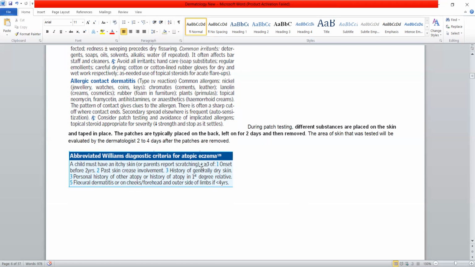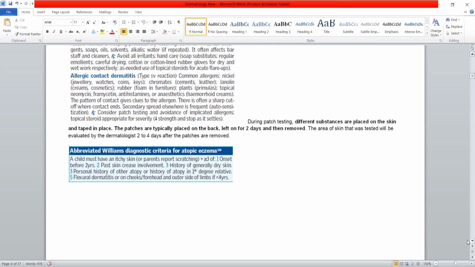So Williams diagnostic criteria is basically a diagnostic criteria for atopic dermatitis in children: a child who has itchy skin and onset before 4 years, skin crease involvement, a personal history of atopy or a history of atopy in a first degree relative, and a history of generally dry skin.